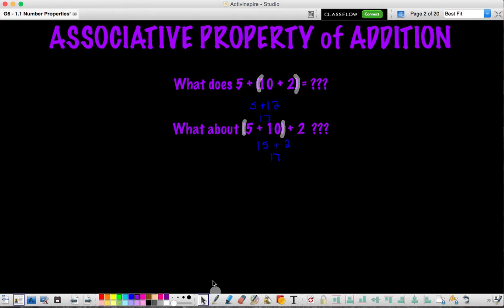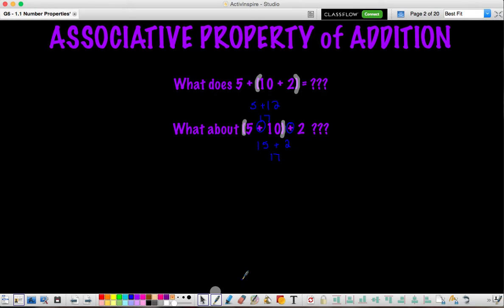So the associative property allows us to move these parentheses. So here it was around the 10 and the 2, and I moved them to be around the 5 and the 10. There is an important piece here though. Notice that both of these are addition. If one is addition and one is subtraction, this will not work.